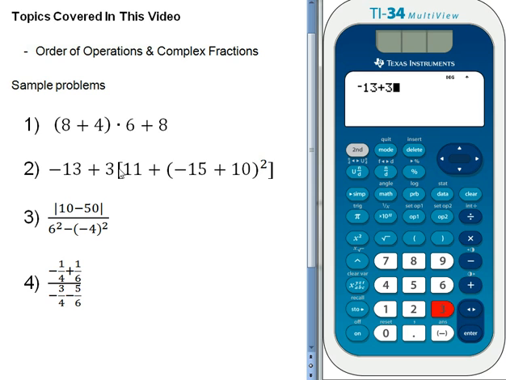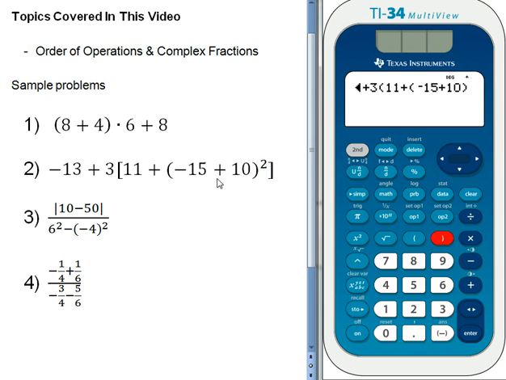And then we've got this hard bracket, so we want to use a parenthesis, and then 11 plus, and then a parenthesis, and then negative 15 plus 10, close the parentheses, and notice that everything in this parentheses is being taken to the power of 2.